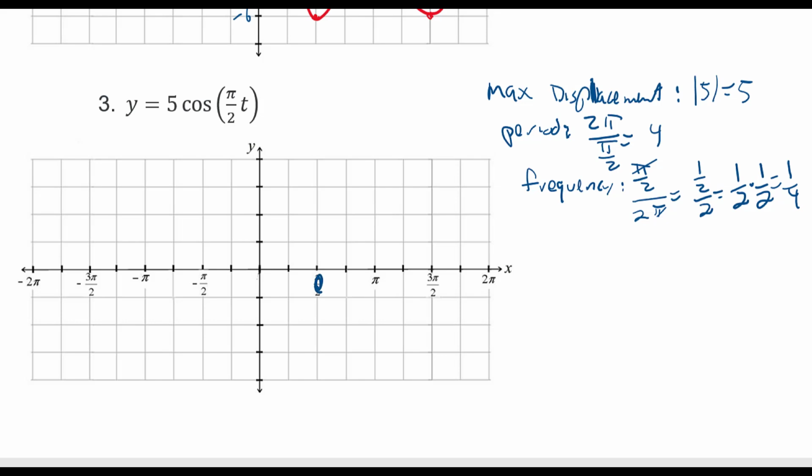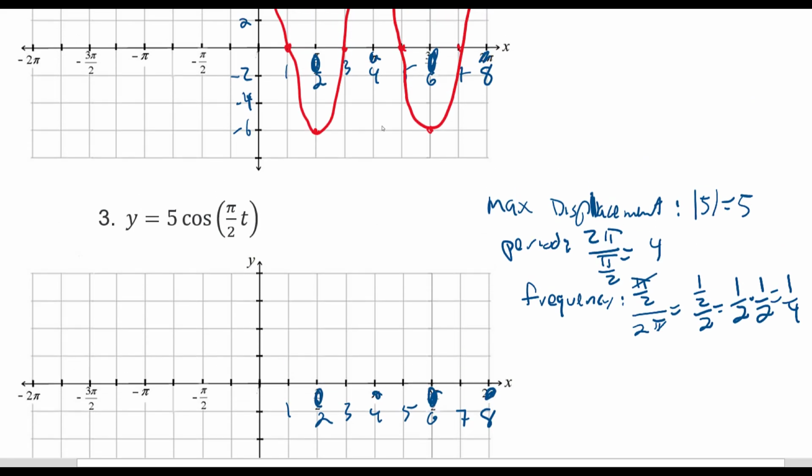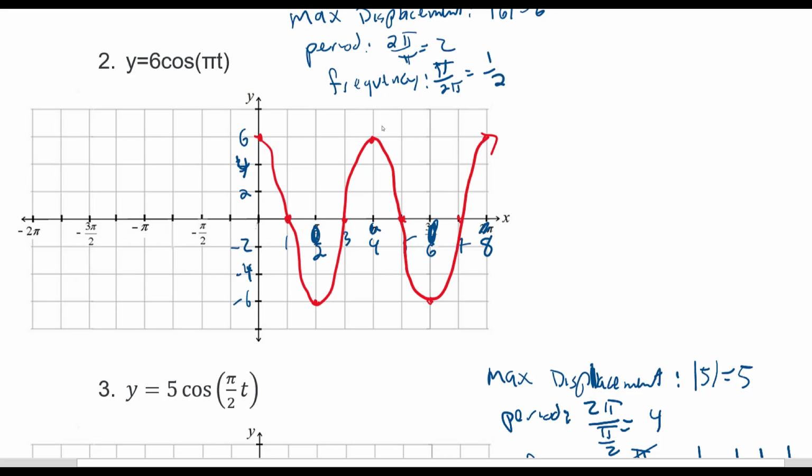So again, I'll cross these out. One, 2, 3, 4, 5, 6, 7, 8. Wait a minute. Back to the last one. The period was 2.